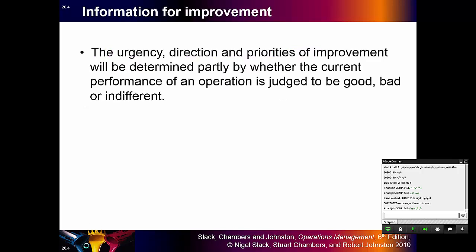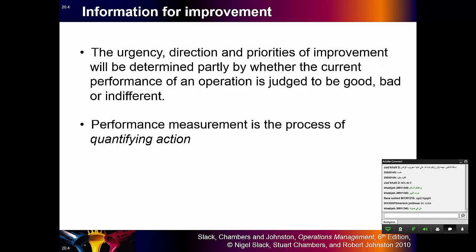When we discussed the performance management, we said at that time that anything, if you cannot measure it, you cannot manage it. And here we will discuss this idea of improving by managing the operations. So the major idea here in the improvement is the performance measurement.